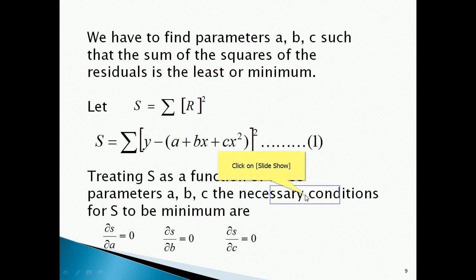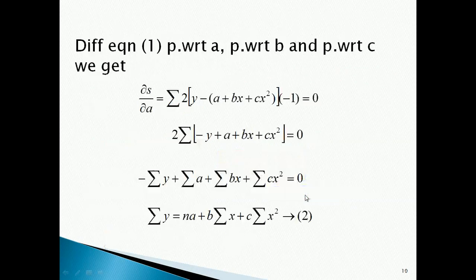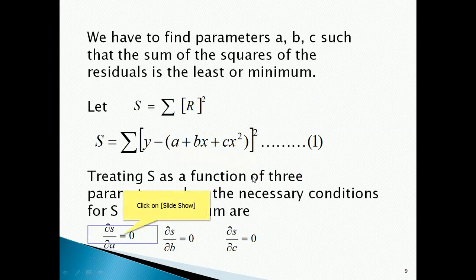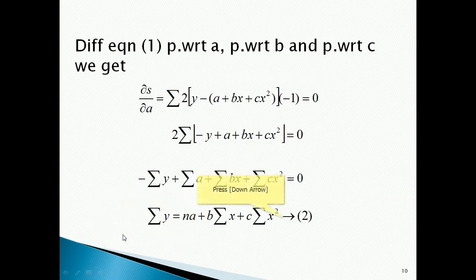The necessary conditions for S to be minimum are del S by del a is equal to 0, del S by del b is equal to 0, del S by del c is equal to 0. For that, differentiate S partially with respect to a, with respect to b, with respect to c. While differentiating with respect to a, we must treat the remaining variables as constants.